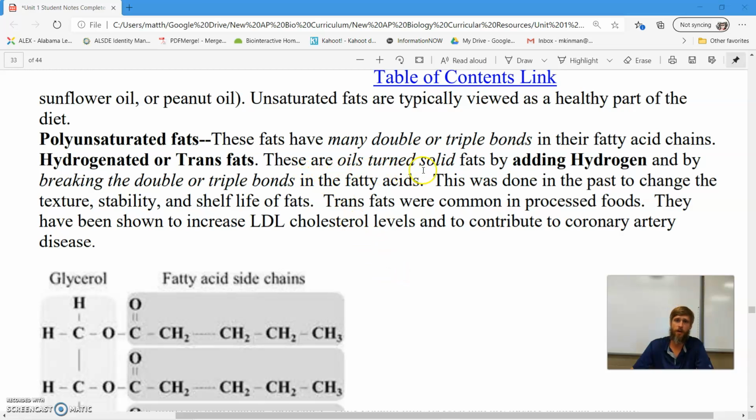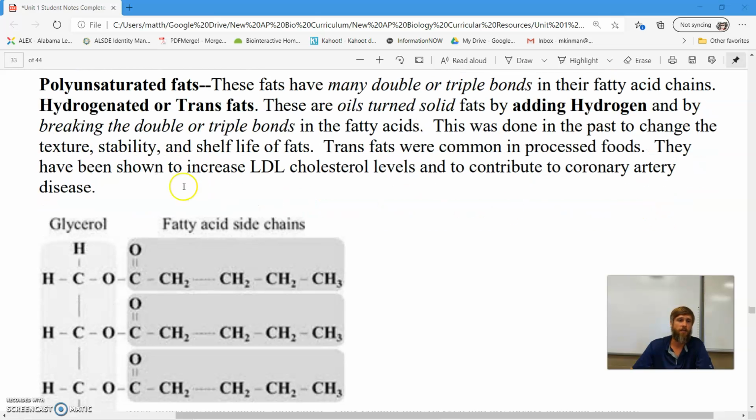These are oils turned solid fats by adding hydrogen and by breaking the double or triple bonds in the fatty acids. This was done in the past to change the texture, stability, and shelf life of fats. Trans fats were common in processed foods. They have been shown to increase low-density lipoprotein cholesterol levels and to contribute to coronary artery disease.